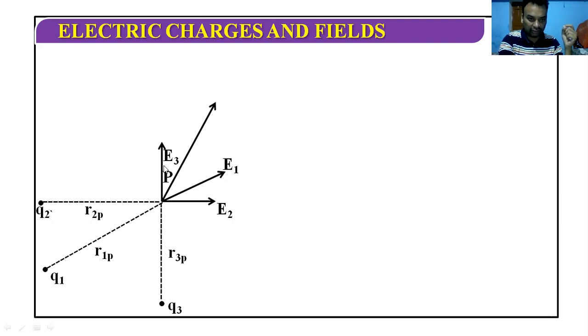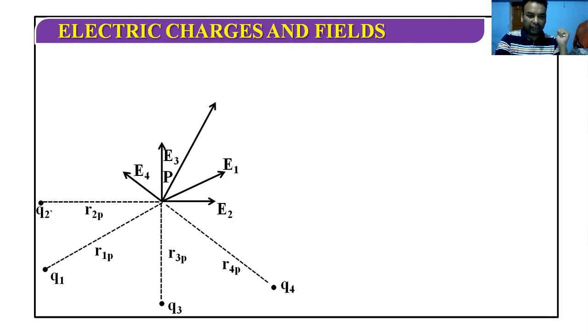We take another charge q4 at a distance r4P, and we can draw the electric field of q4 along the line joining in the same way.